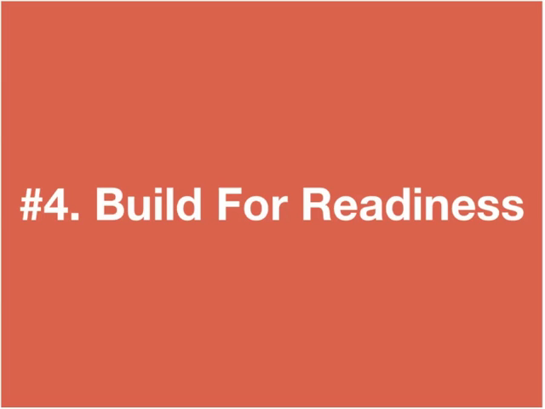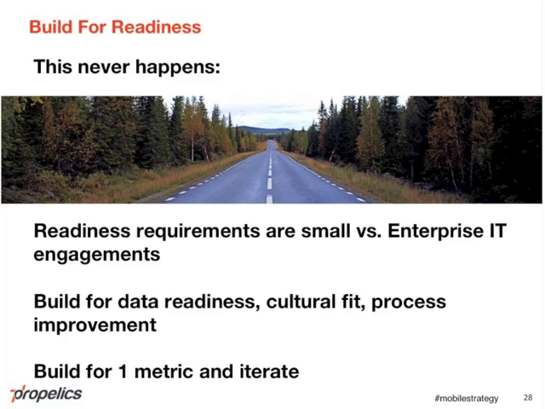The fourth tip is building around readiness. On the enterprise side, and even sometimes on the mobile side, you never get a straight road that's all green lights where we can see the end zone from here and let's go, go, go. That never happens. In enterprise IT engagements, there are a lot of areas around readiness, both in terms of data and cultural fit and process readiness and IT system readiness and all these different types of things.